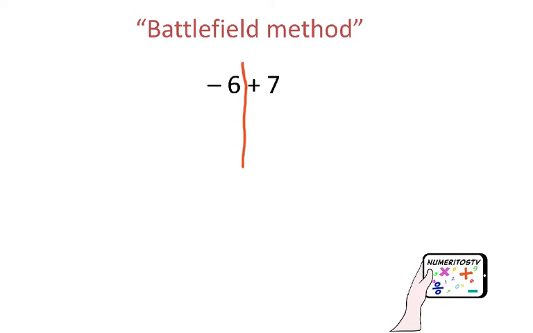So this 6 has a negative in front, so these are considered negative numbers. Then you have a plus in front of 7, an addition sign. That plus belongs to that 7 because it's on the other side of the battlefield line. So those 7s are considered positive.